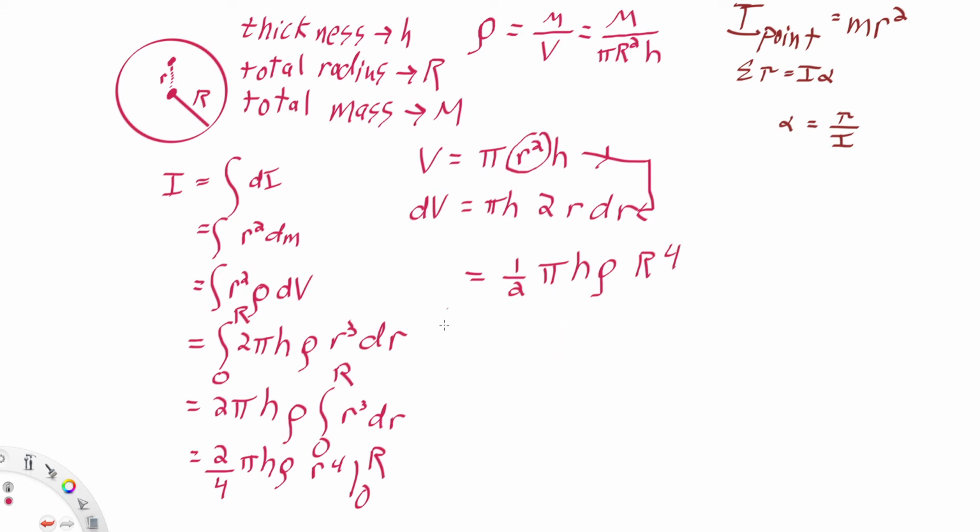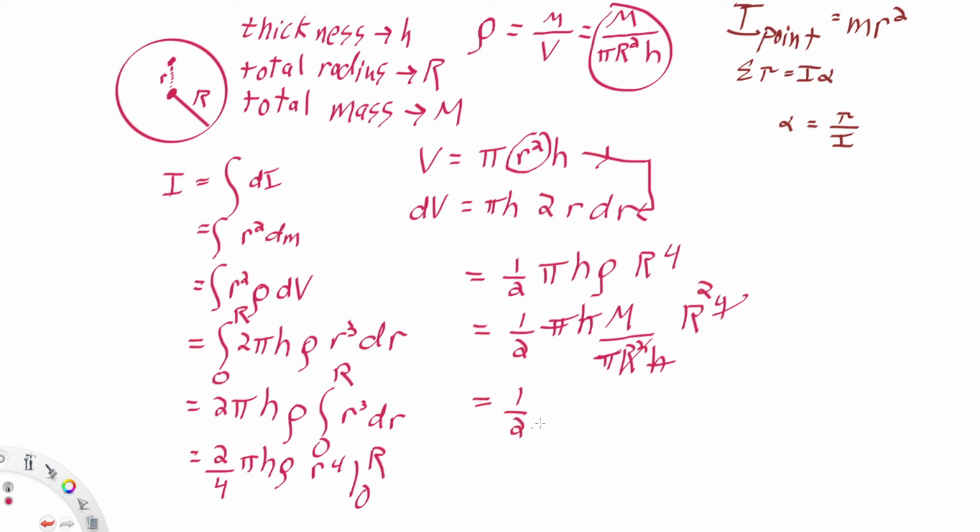And now that we've gotten all this way, we're going to substitute our expression for rho back in, so that we can talk about this thing in terms of its mass instead of in terms of its density. We get an h cancel off, the pi cancels, we have an r squared in the denominator, so that cancels there. And after all of that work, we get 1/2 mr squared.